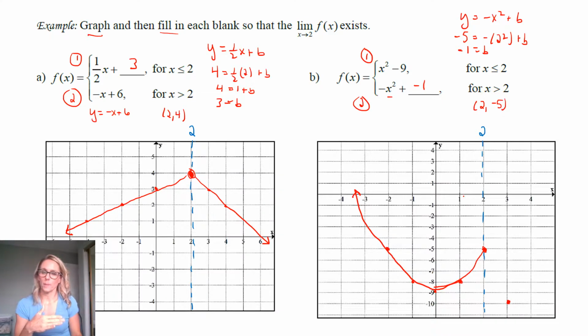They're just not going to be part of it because we want to be on the right side of 2. We do know that it has a y-intercept of 0, negative 1, so we know that it comes down. So we can just keep it going down like this. But the important thing to see is that now a limit exists because the graph is heading towards 2 on either side, and both of those sides are approaching negative 5. So now we have our answer.